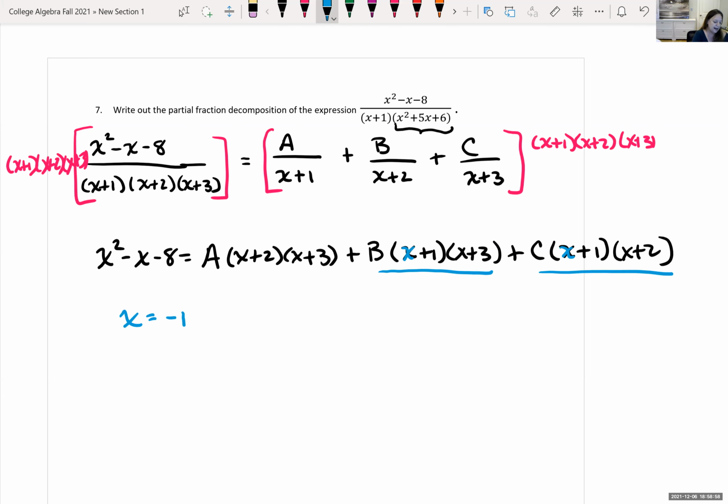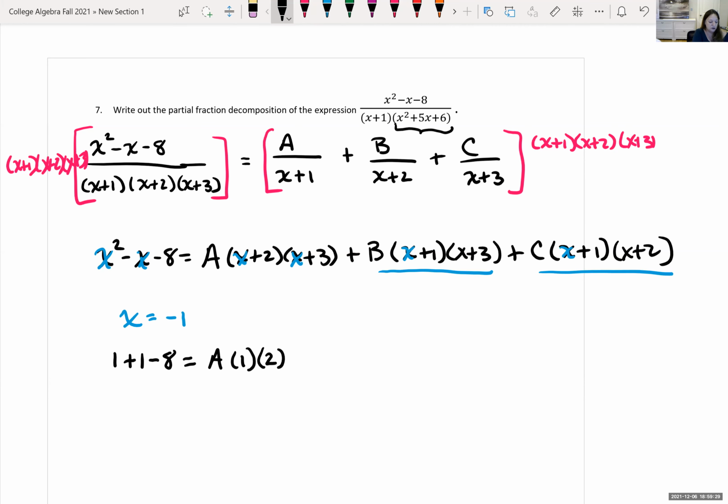So if we plug in -1 on the left-hand side, we get -1 squared, which is 1, minus a -1, so that's plus 1, minus 8, is equal to, and now let's plug in -1 wherever we see an x here. So this is equal to a times, so -1 plus 2, that's going to give me 1 for that first factor, and -1 plus 3, that's going to give me 2 here.